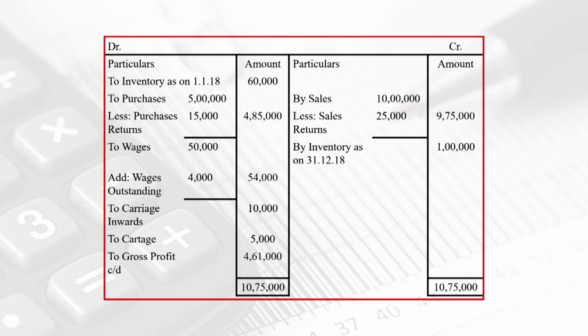So here the total of this credit side is 10 lakh 75,000, but the total of the debit side of the trading account is short as far as the total of the credit side is concerned.